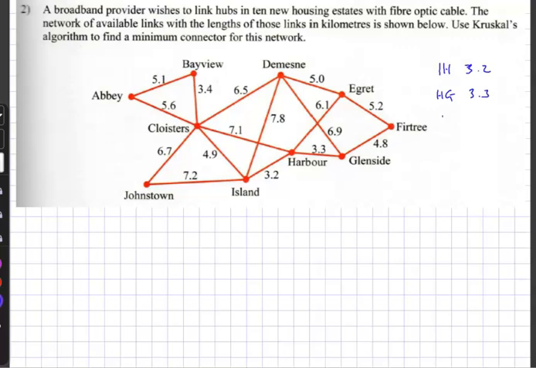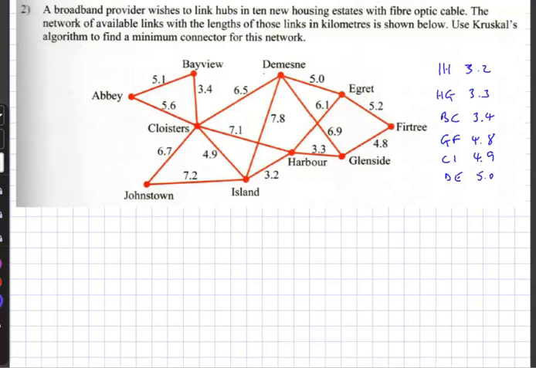We've got Bayview to Cloisters, which is 3.4. We have Glenside to Fir Tree, which is 4.8. We have Cloisters to Island, which is 4.9. We have Domain to Egret, which is 5.0.